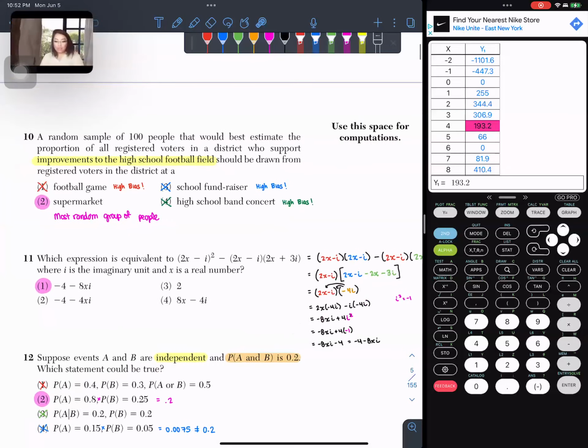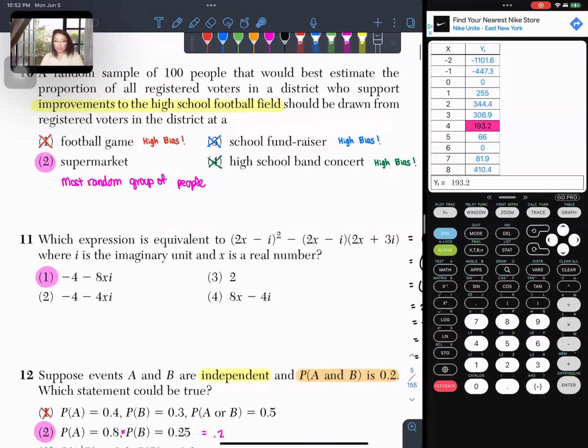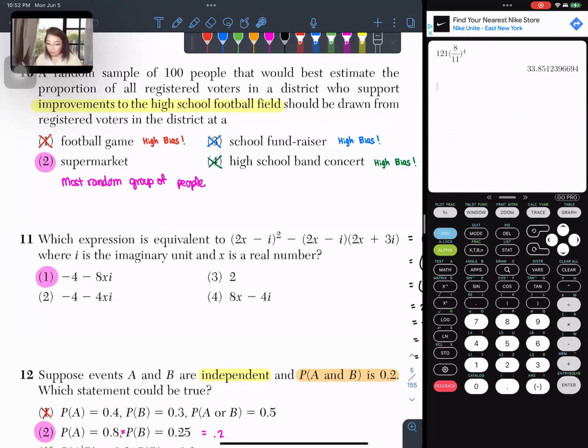You could use a test function if you really want, because I know a lot of you spend so much time. I'm already in imaginary world, so I might just put (2x minus i) squared minus (2x minus i)(2x plus 3i).